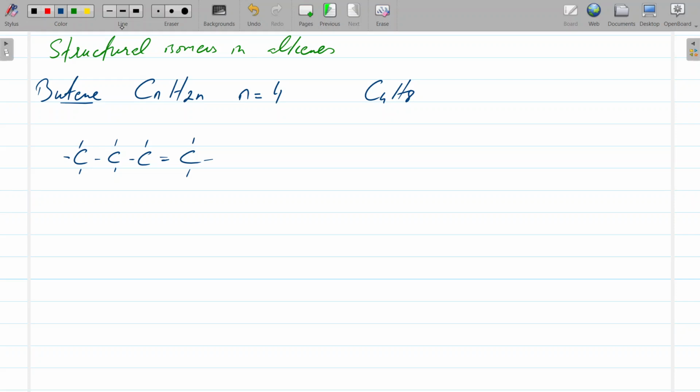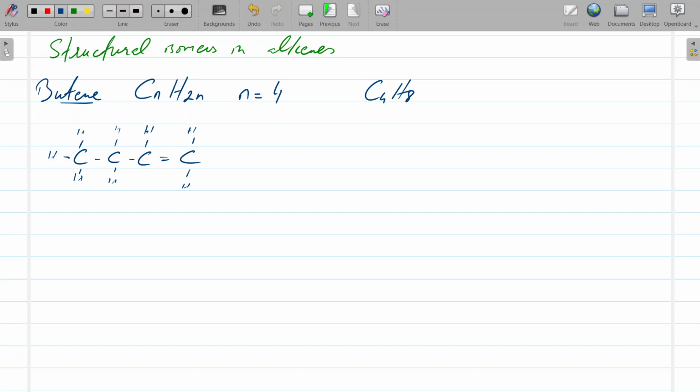Oops, too many bonds. Okay, and then you put in the hydrogens. So this is how you would normally draw a butene molecule, right?